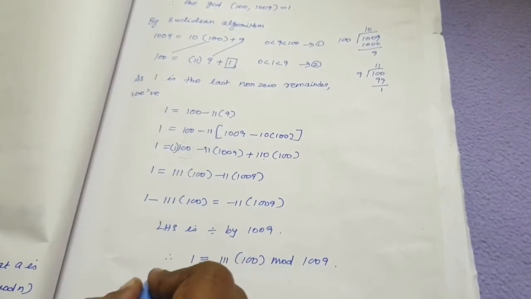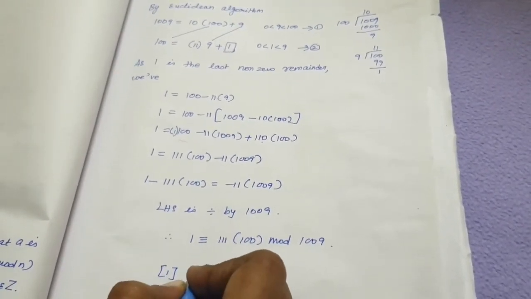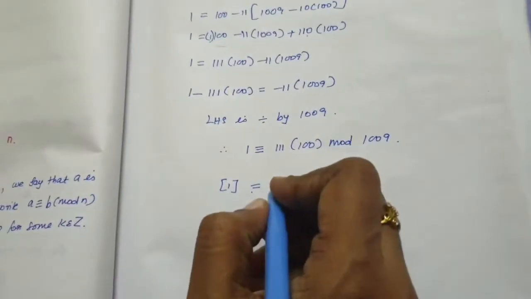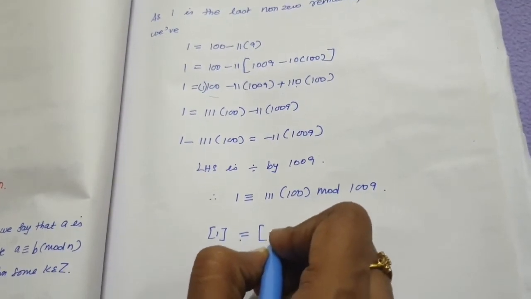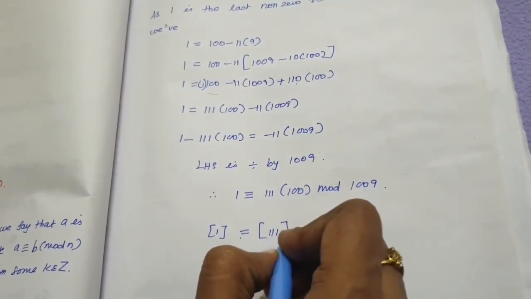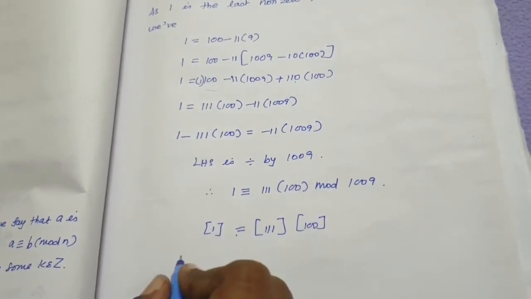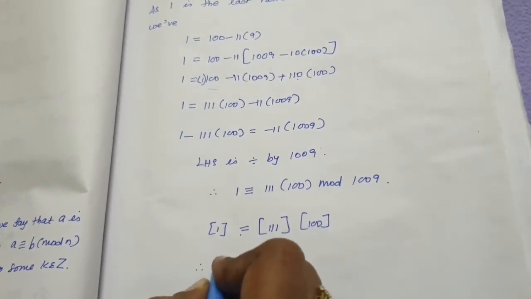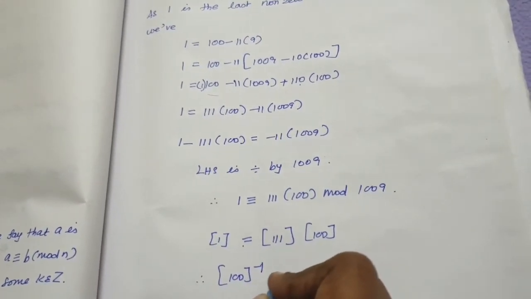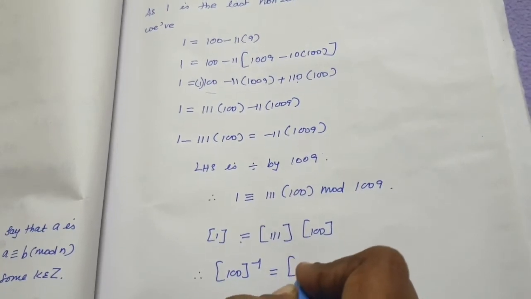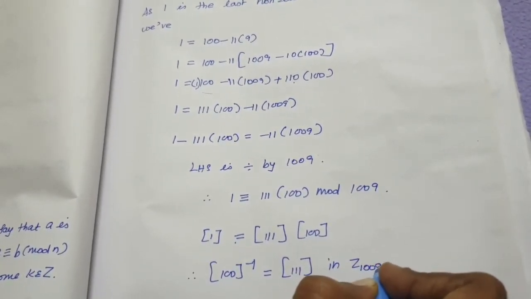So the equivalence class of 1 is equal to 111 times the equivalence class of 100. Therefore, from this we find that 100 inverse is equal to 111 in Z1009.